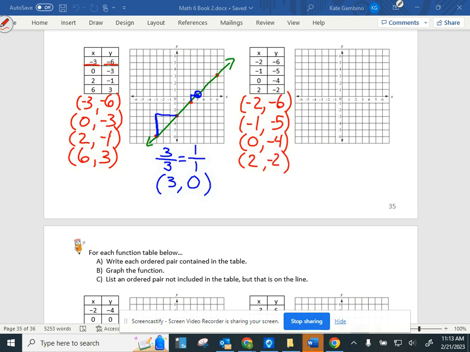So I'm going to take those 4 pairs and I'm going to plot them -2, -6, -1, -5, 0, -4, 2, -2. I'm going to draw my line.